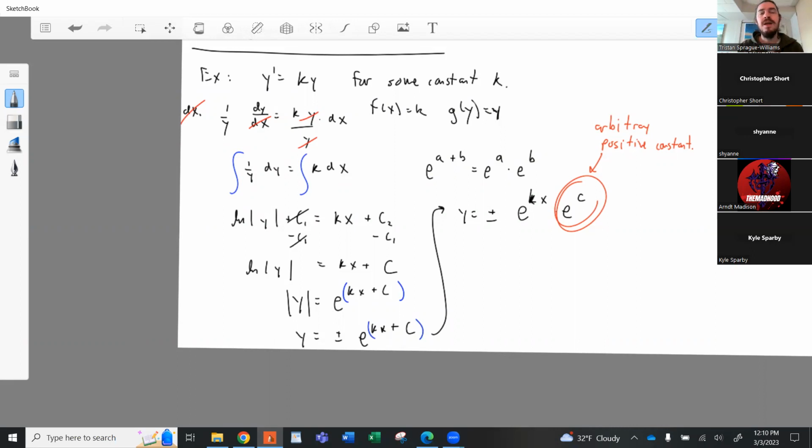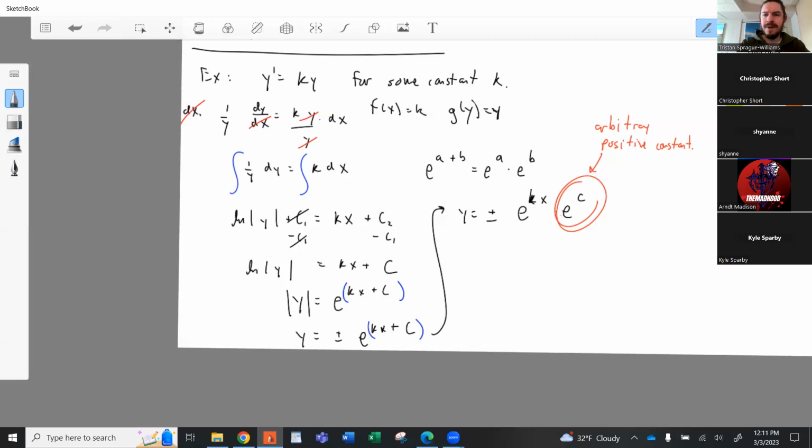The only value of e to the c that you don't get is 0. So what I'm actually going to do is replace the entire e to the c by another c, because e to the power constant is still a constant, and it's still mostly arbitrary.